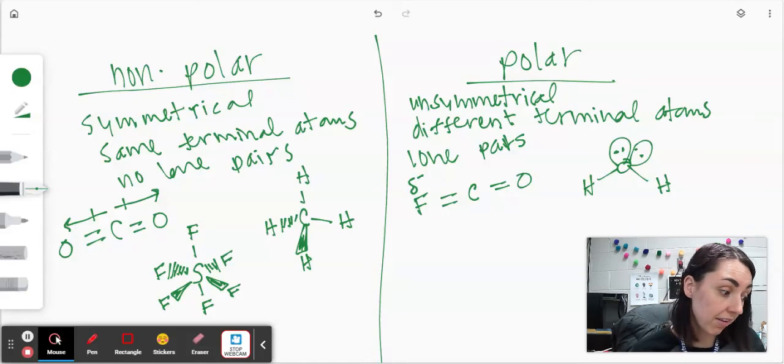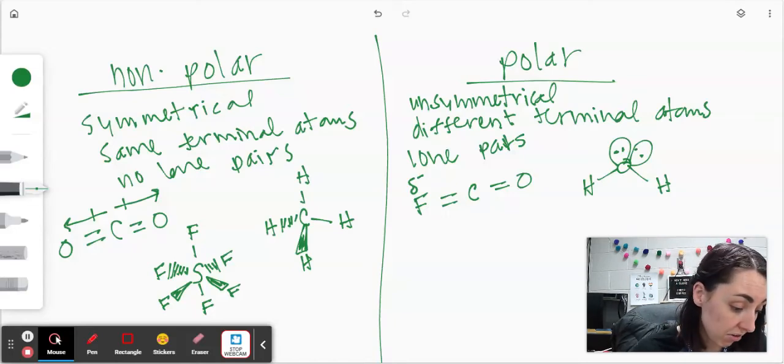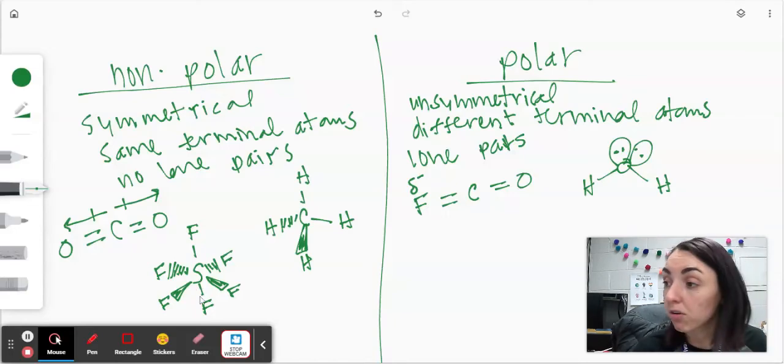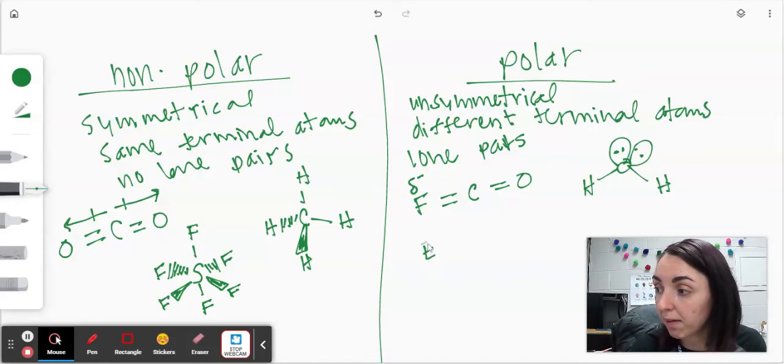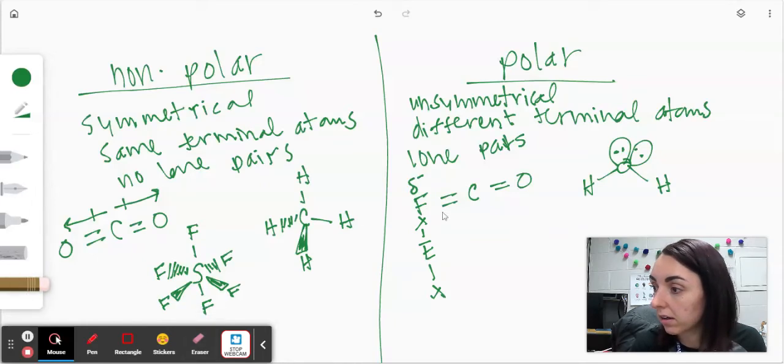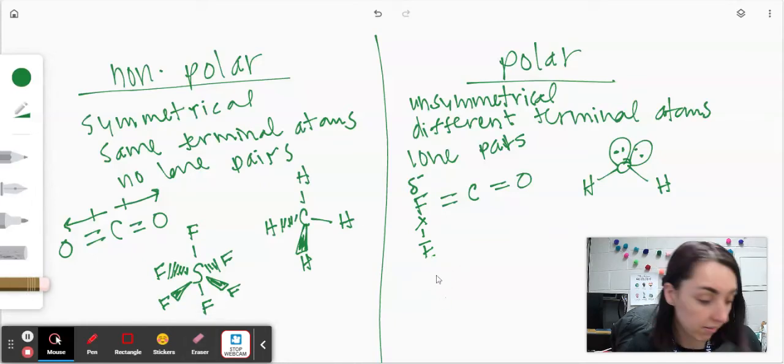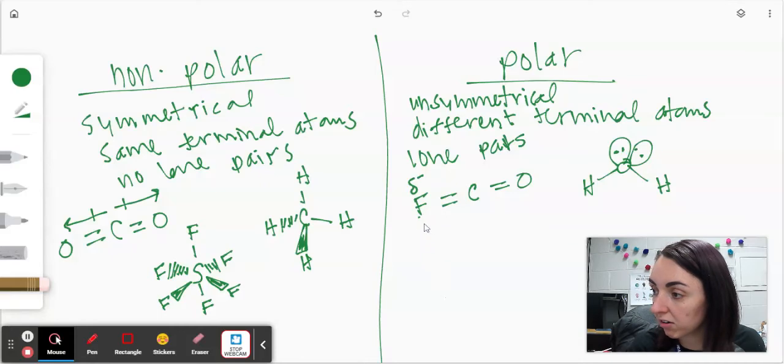Now, I do want to show you an exception, because there are always exceptions to the whole lone pair thing. I'm just going to give you the EXX model that we use on our papers. We have this octahedral electron geometry, but it's got a linear molecule geometry.